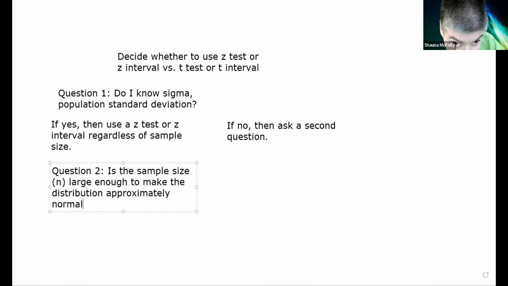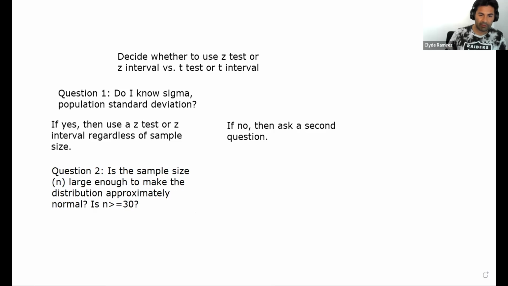Usually this translates to N greater than or equal to 30. Usually the magic number is 30. Some books use 25, some books use 50. I don't know what your book is using, but we're using 30.